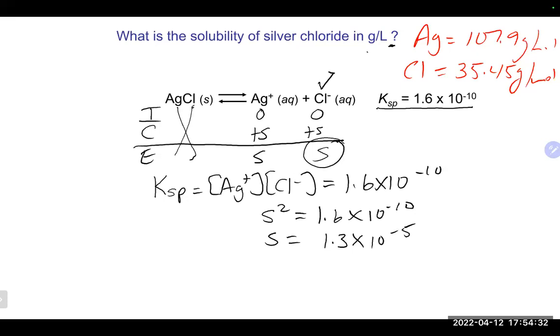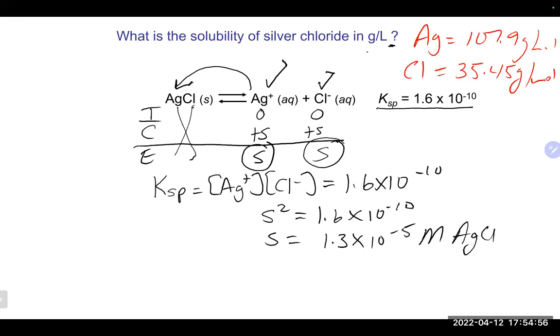Which is technically the concentration of chloride at equilibrium. It is also technically the concentration of silver ions floating around in that solution. And if we work our way backwards, it is a 1-to-1 relationship between either one of those, which means that is also the molar solubility of silver chloride here as well. Any questions on that there?